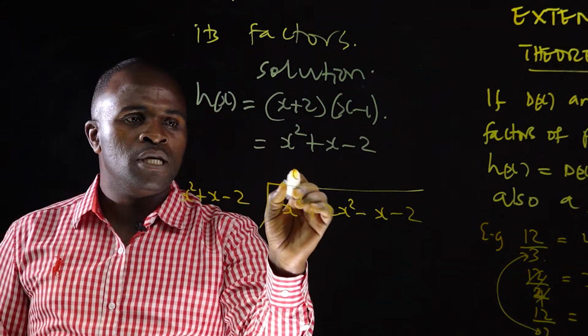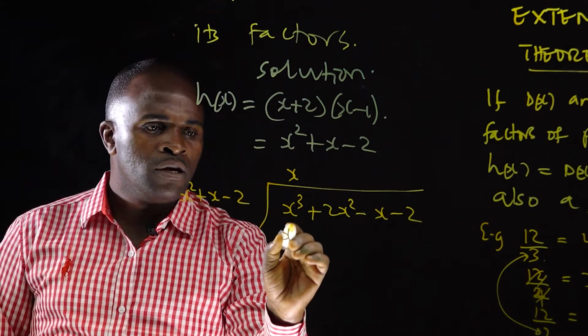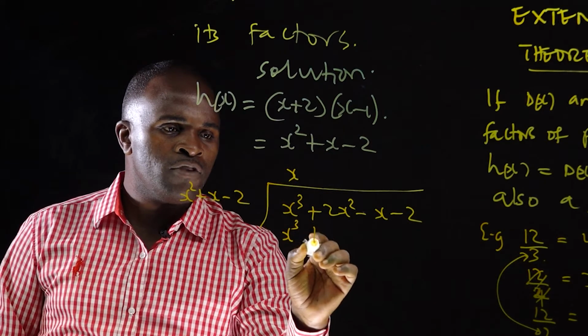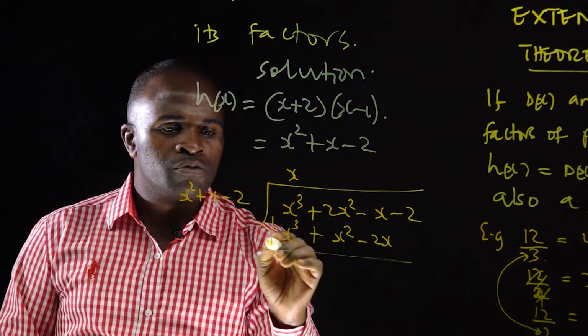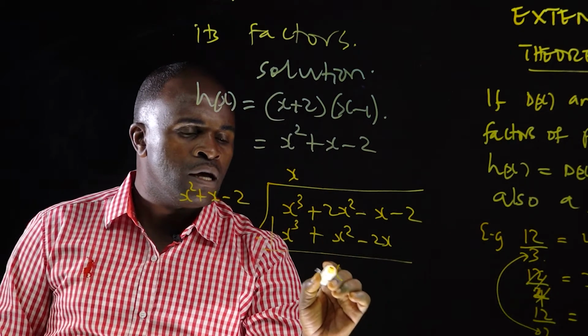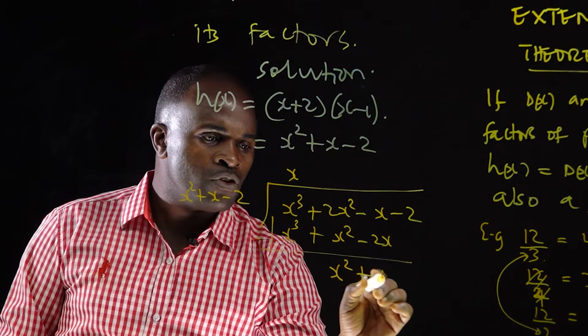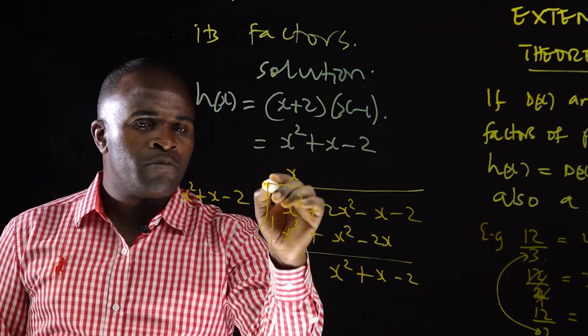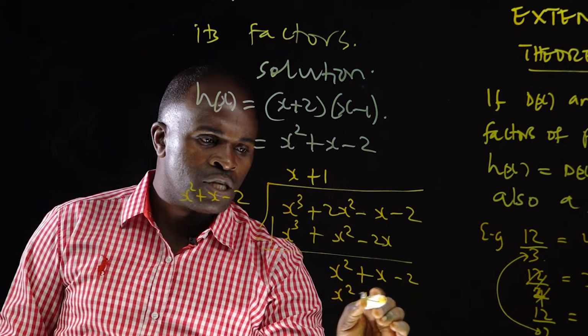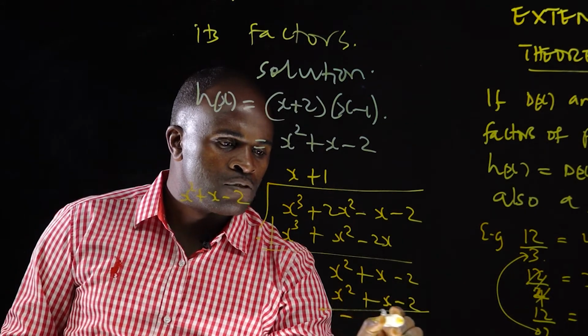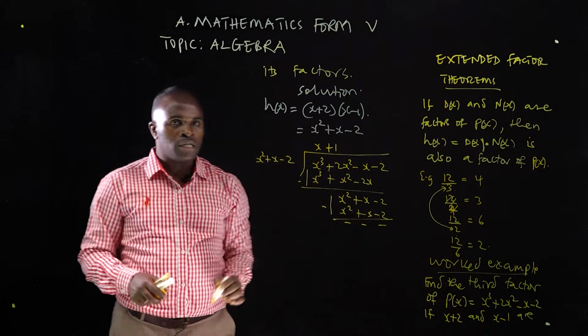This is supposed to be x here, x power 3, and here giving x squared and 2x. So subtracting, this vanishes, x squared here becoming positive, x minus 2. So which number must be set? It is 1. So 1 multiplying gives the same result, so this vanishes upon subtracting.